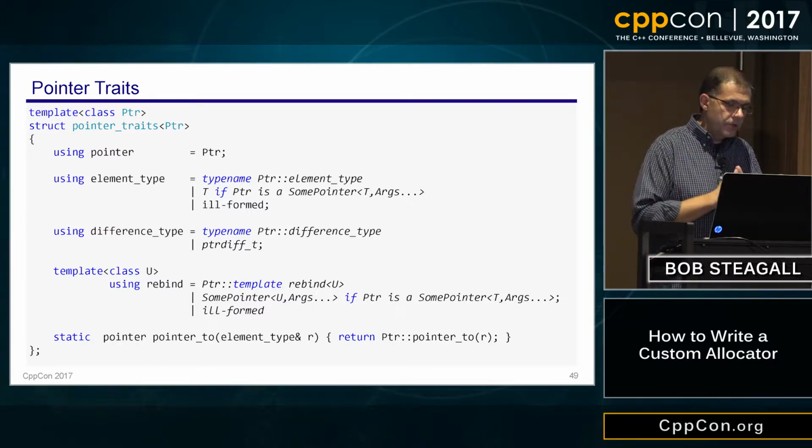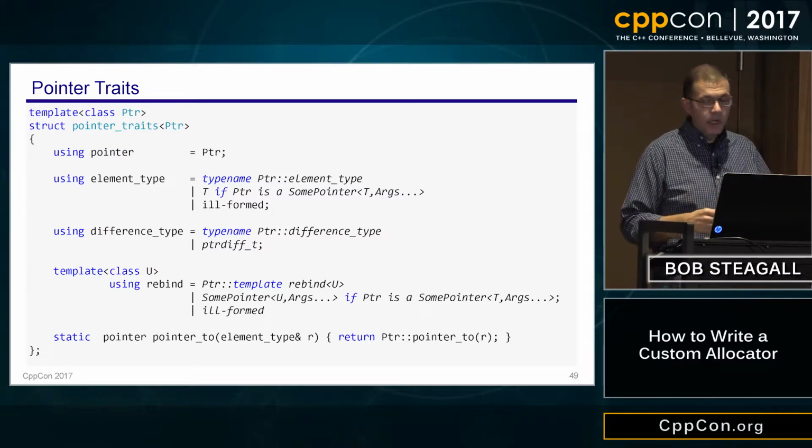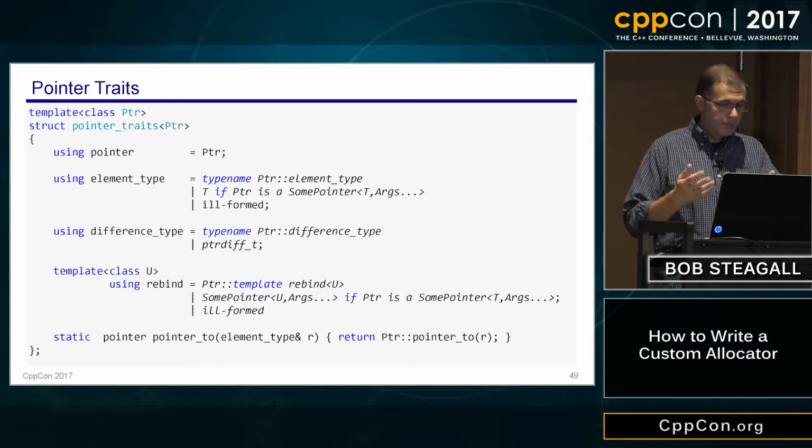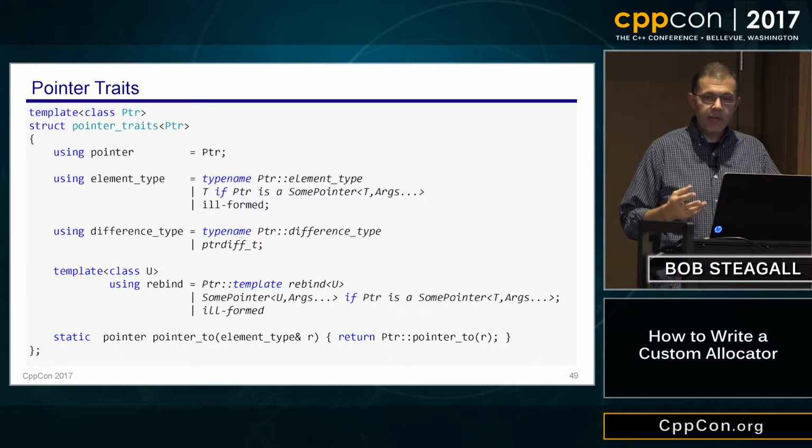And I'm sort of trying to show the same thing here, the sequence of steps that this template takes to deduce what the typedef ought to be. So for example, element type. If your type Ptr defines a nested type element type, that's it. If Ptr is a class template which has at least one argument, the type of that first argument is the type of the element.